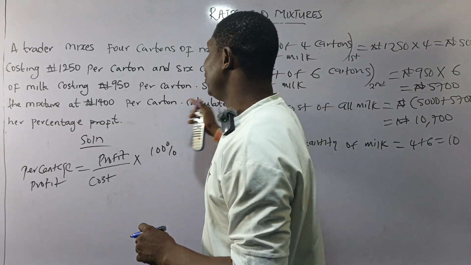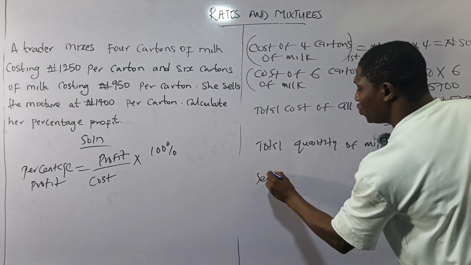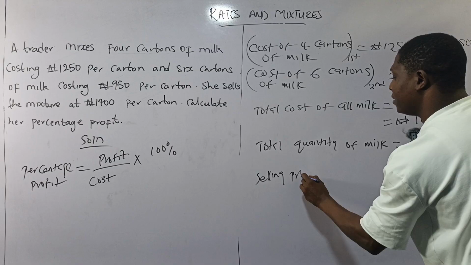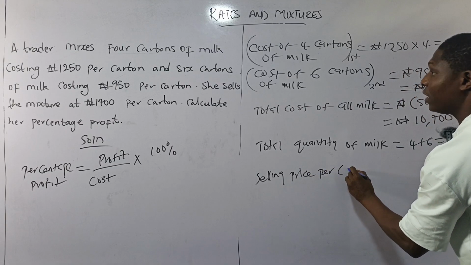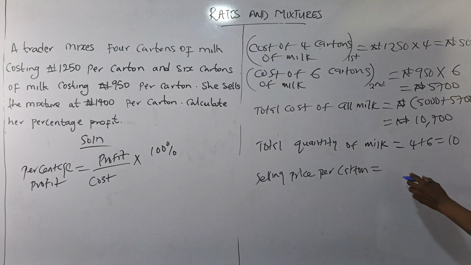They gave us that she sells the mixture at 1,400 naira per carton. So, the selling price per carton is equal to 1,400 naira.